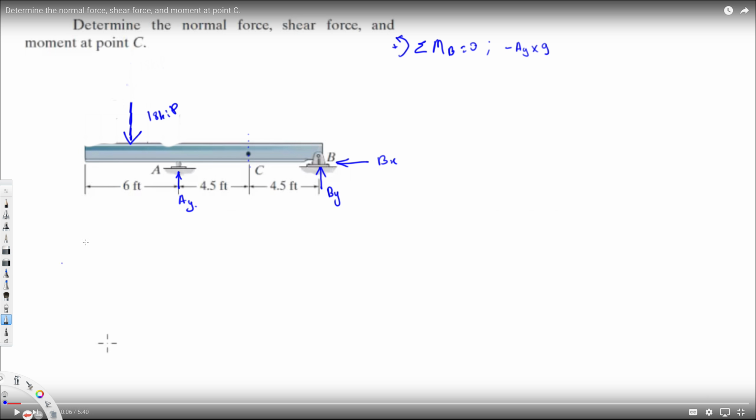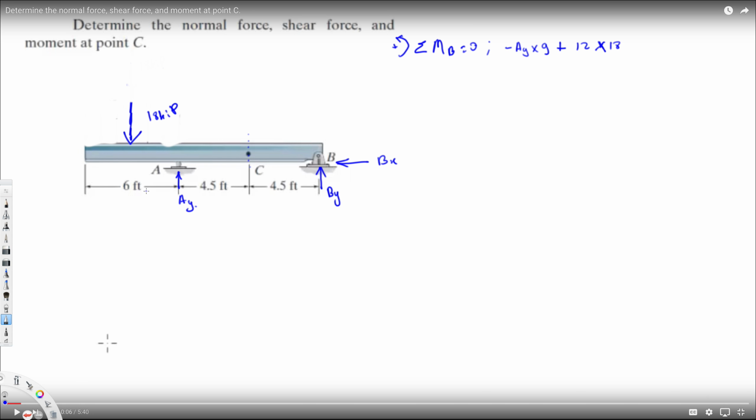That is pulling this object counterclockwise. Therefore it's going to be positive, and the distance is 3 feet, right? Here is 3 feet, and this is 9 plus 3, which is 12, and 18 kilopounds is pulling down, so positive 12 times 18, and that's the moment it's creating.